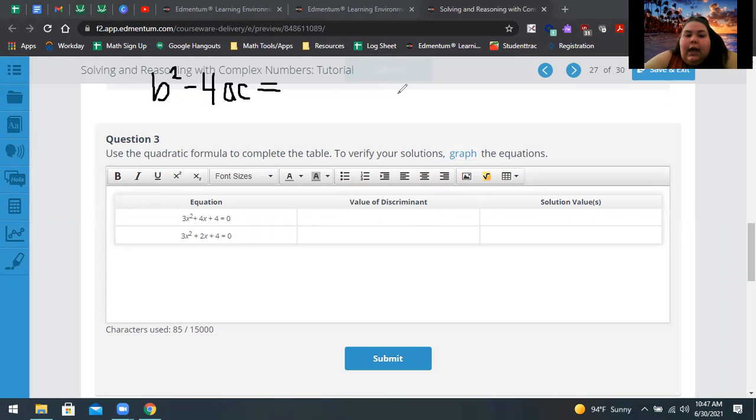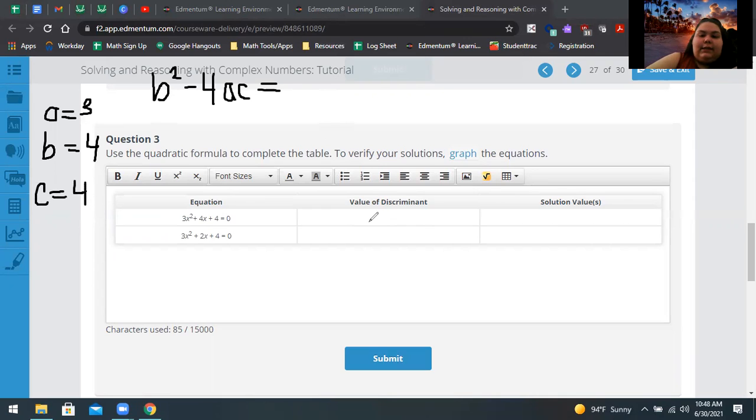Yes, it is. And is it in standard form? Yes, it is. So we need to identify A, B, and C. For the first one, my A is 3, my B is positive 4, and my C is also positive 4.